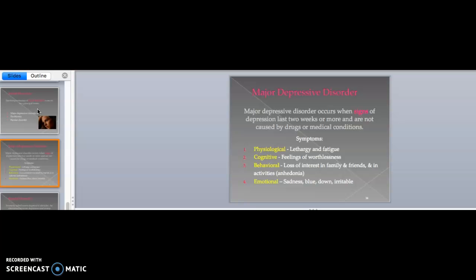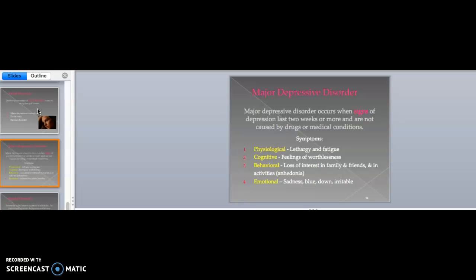It's often been called the common cold of psychological disorders because it's become so common. 5.8% of men, 9.5% of women, so almost double in women, report depression worldwide. Whereas dysthymia, the low-grade depression, is about 1.5% of the U.S. So it's pretty pervasive, pretty prevalent in society.